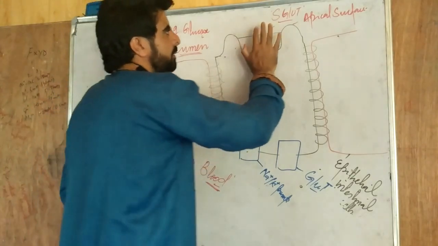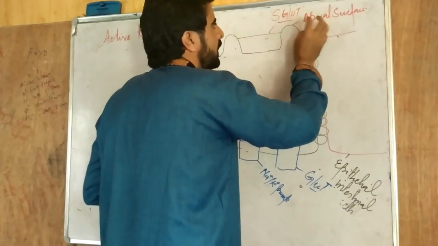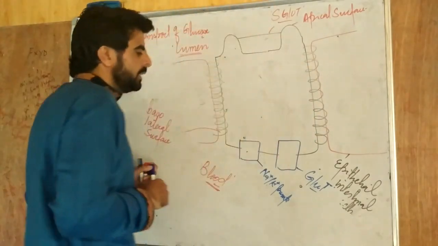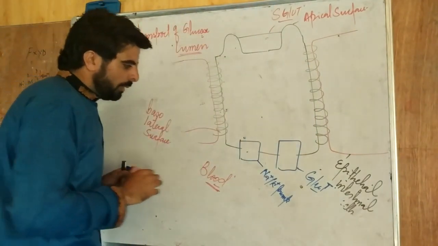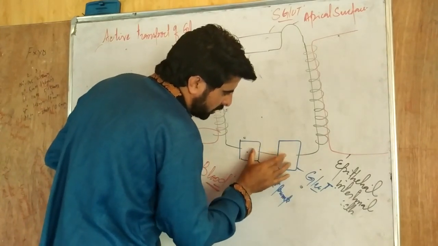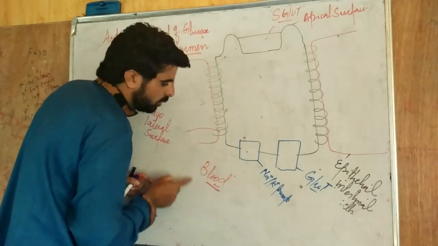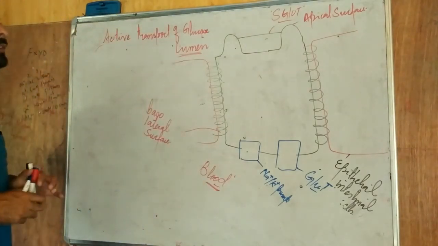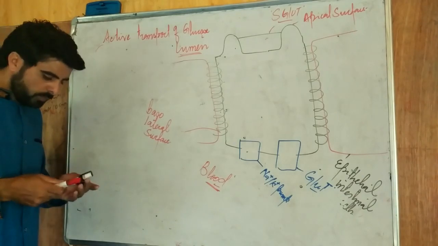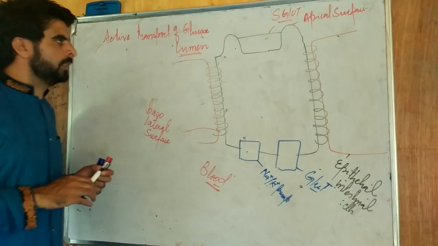We have SGLT, the sodium ion dependent glucose transporter, which is located towards the apical surface, which is towards the lumen. Then we have the sodium potassium pump, and we have GLUT. Both are transporters, but they are located towards the basolateral surface, and we can call them located towards the blood. This you have to keep in mind. Now one more important thing which we have to keep in mind.